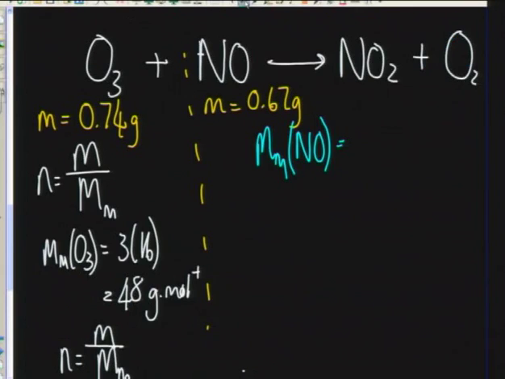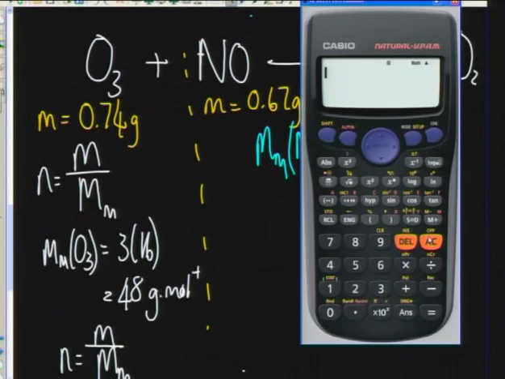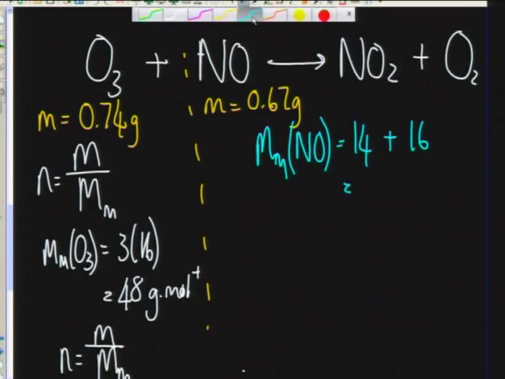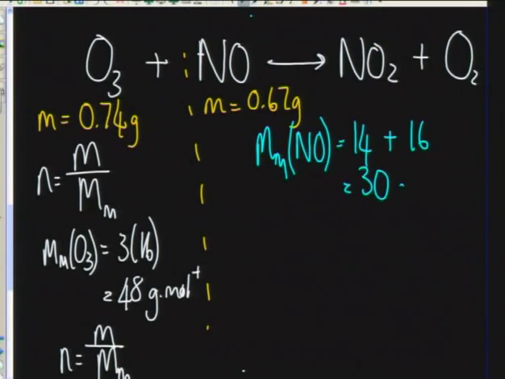So going back, 14 plus 16, hopefully you can do that in your head, is equal to 30. So we've got 30 grams per mole.